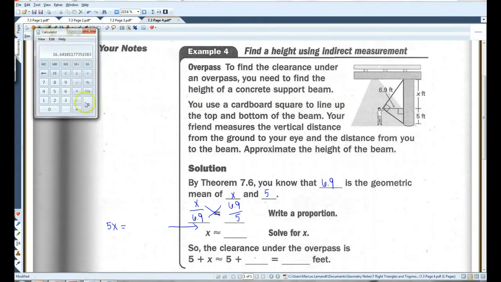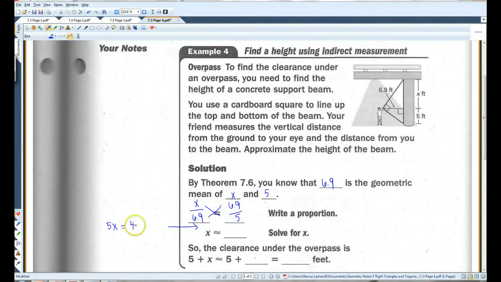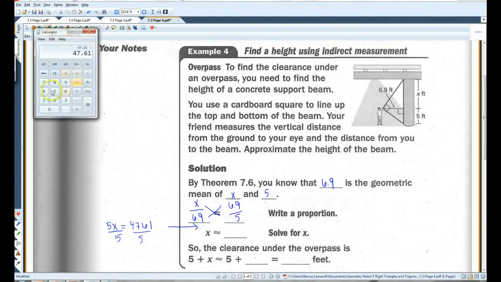Let's pull out the calculator. 6.9 times 6.9 is 47.61. If you divide both sides by 5, 9.522.